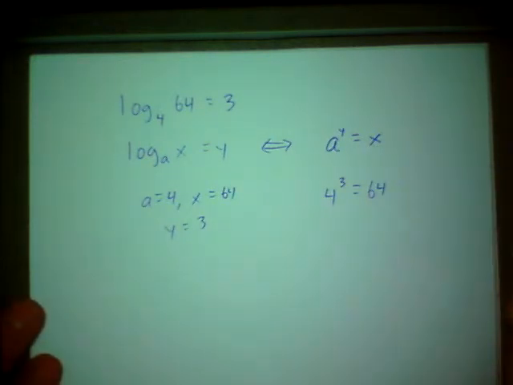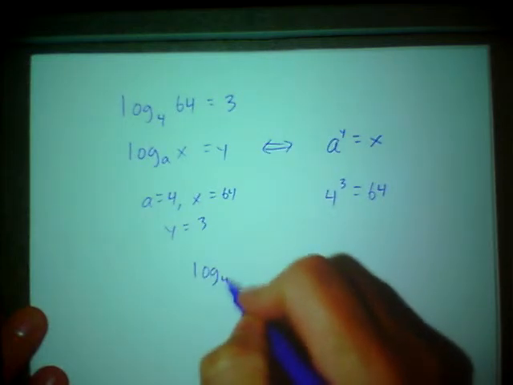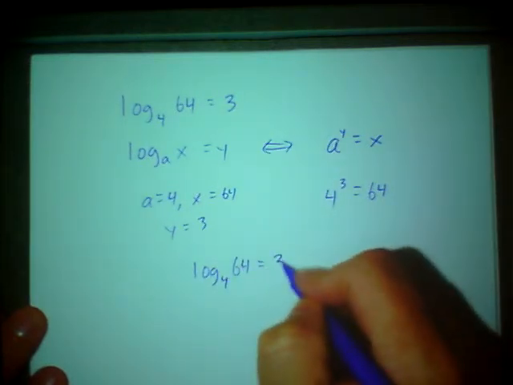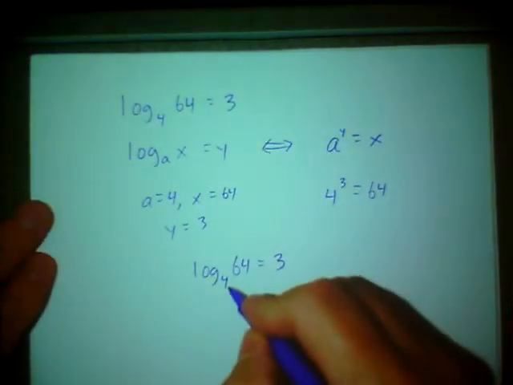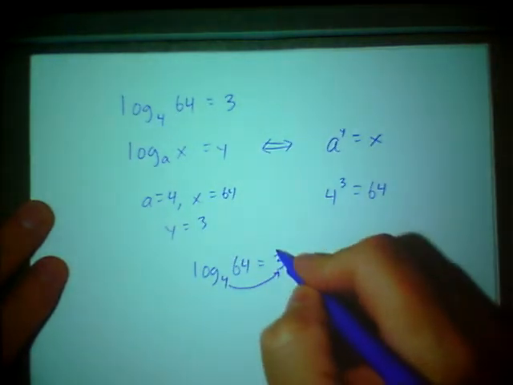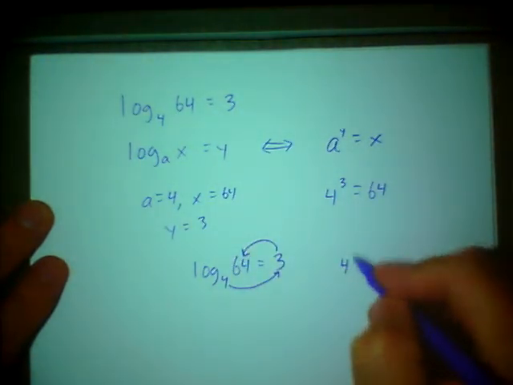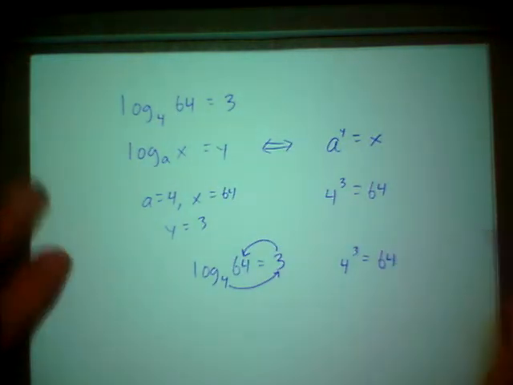However, what I like to do, and I've begun to do this more and more, when I have a log equation like this, instead of having to figure out my a and my y and my x, I just start with the base, go counterclockwise, and then circle back, which translates to 4 to the third equals 64.